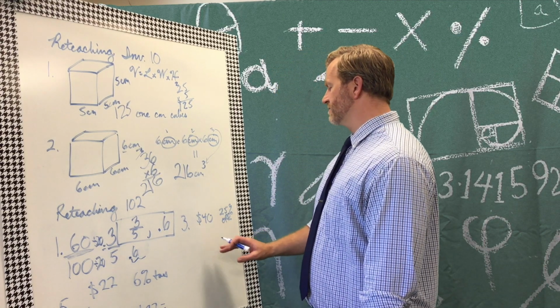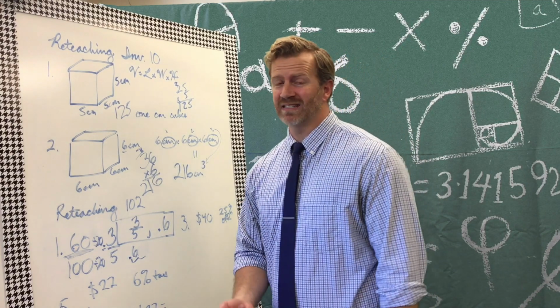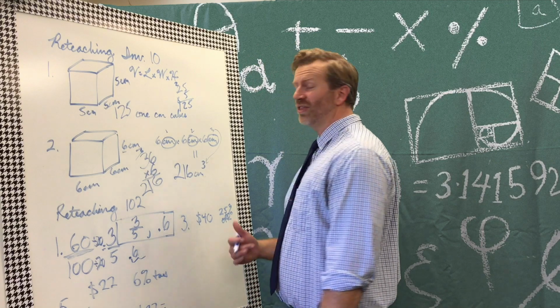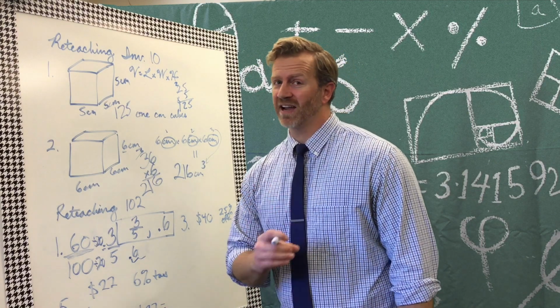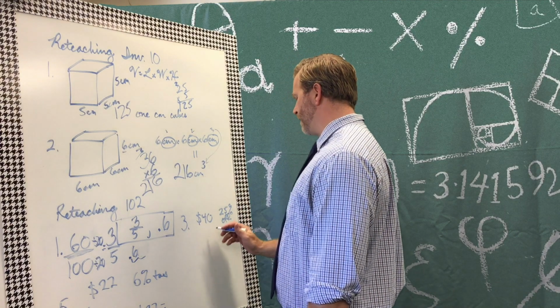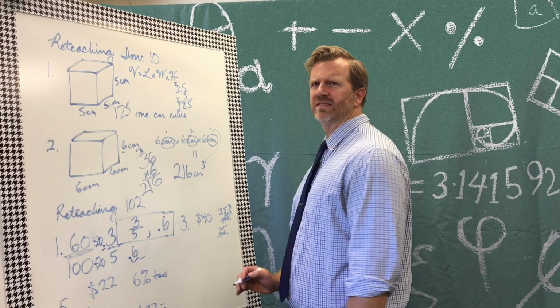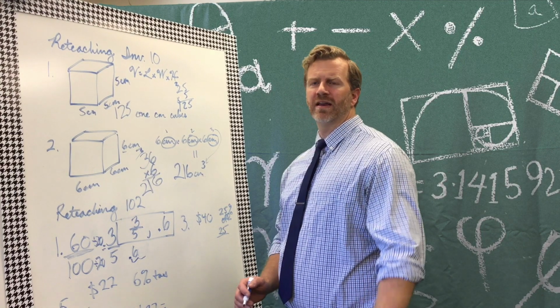$40, and we're going 25% off. Now, we could multiply times 0.25, but I think if we turn 25% into a fraction, it's going to be even easier. Okay, so 25%, if we make that a fraction, that would be 25, let's see, who can help me out here? Reagan, help me out here.